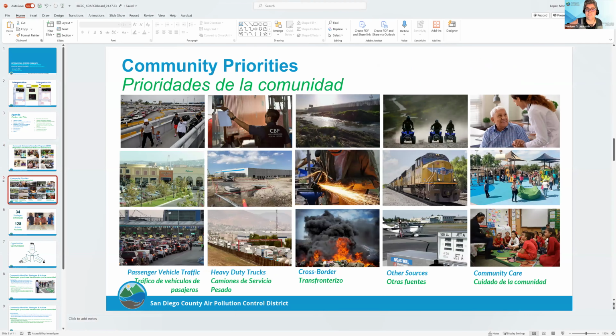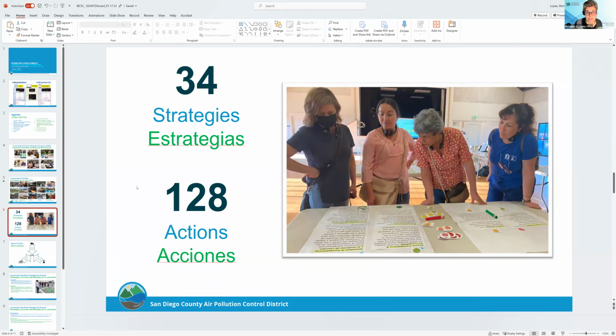there are a lot of different SERP strategies and actions. There are 5 different priority areas, around passenger vehicles, heavy duty trucks, cross-border, other sources, and community care. And in those 5 categories, we have overall 34 strategies and 128 actions.